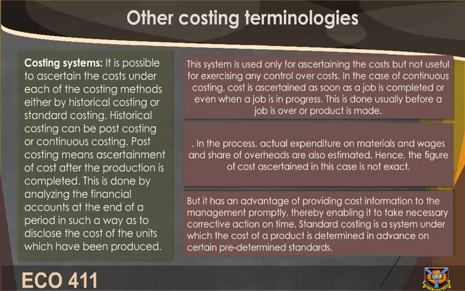Hence, the figure of costs ascertained in this course is not exact, but it has the advantage of providing cost information to the management promptly, thereby enabling it to take necessary corrective action in time. Standard costing is a system under which the cost of a product is determined in advance on certain predetermined standards.